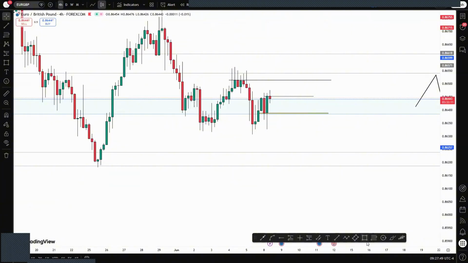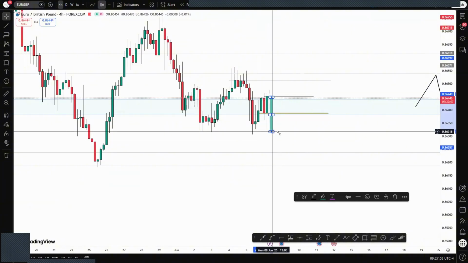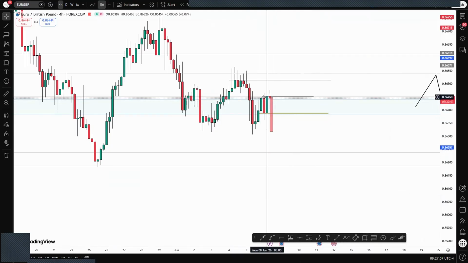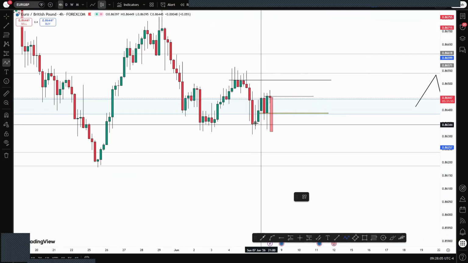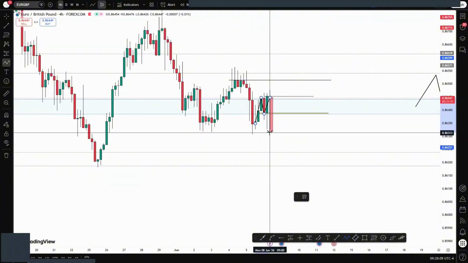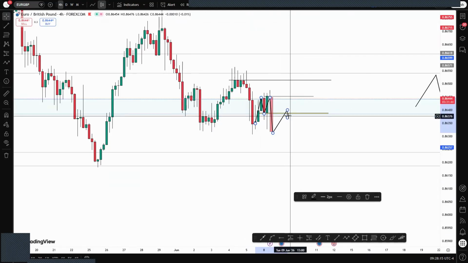If price can make a lower low like that, this will be our lower high, and this will be our lower low when we take out this level, you see. So we can wait for price to come back here and then we can sell. You see?